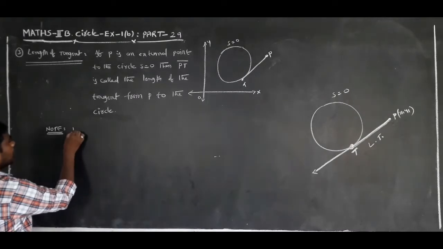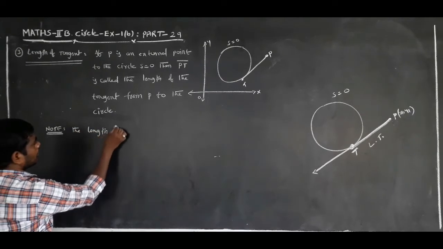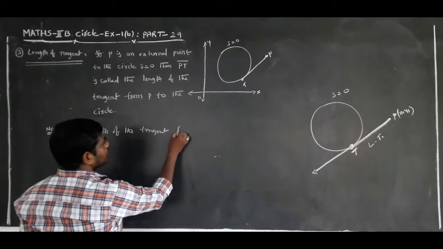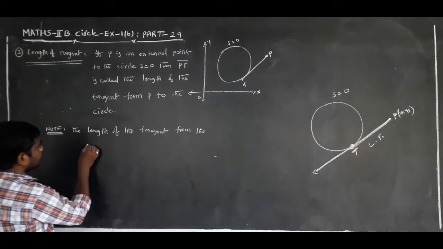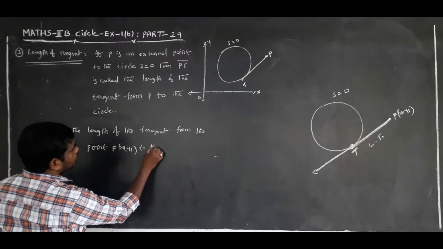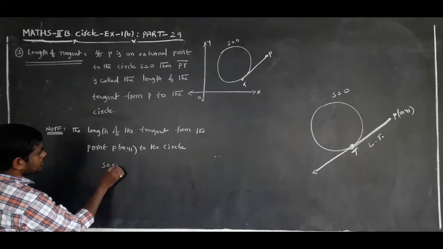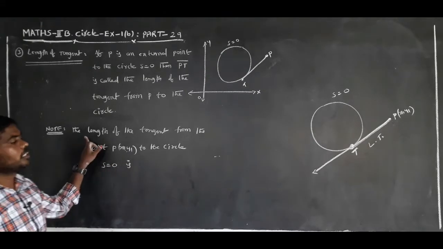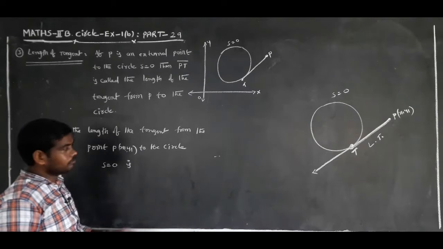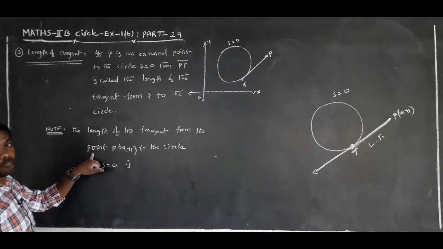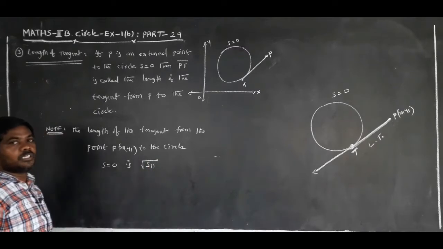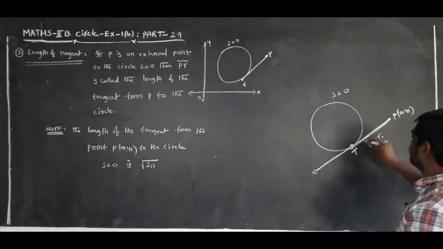Note: the length of the tangent from the point P(x1, y1) to the circle S equal to 0 is root S11.